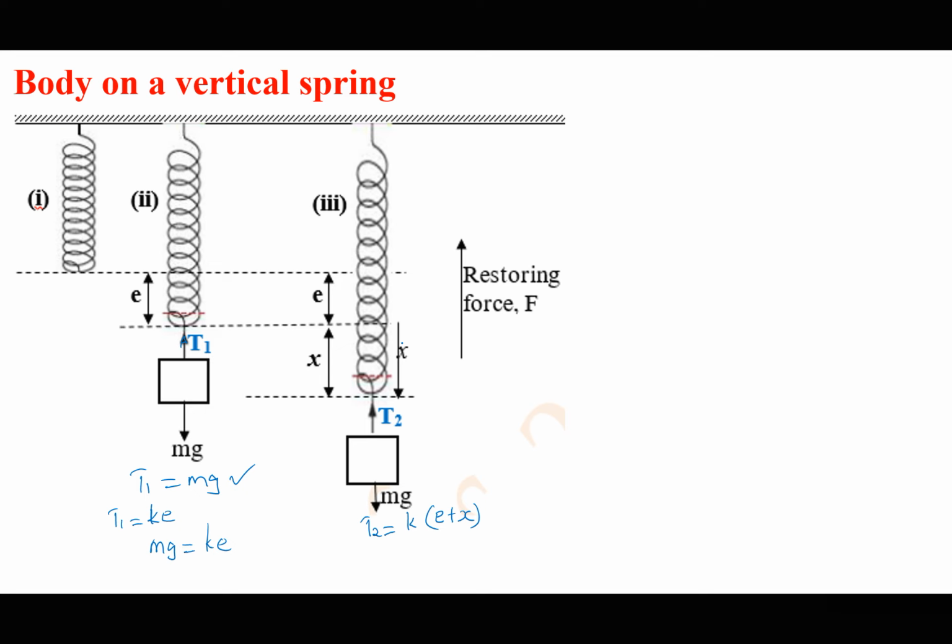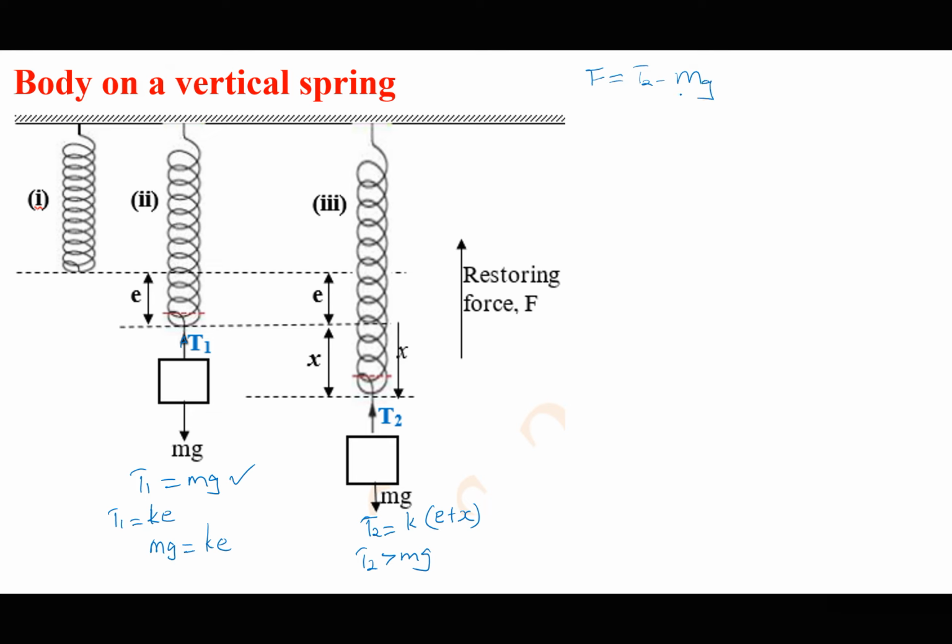Okay, so the resultant force is going to be the difference between T2 and the weight. Here T2 is greater than mg, so the resultant of those two is going to be the restoring force. So the resultant force F upwards is equal to T2 minus mg.